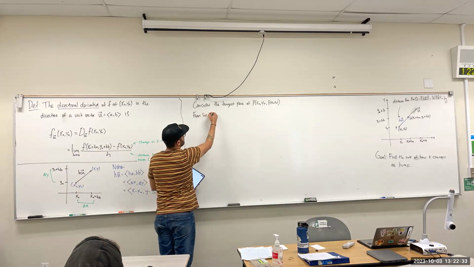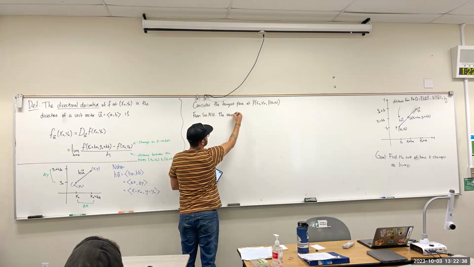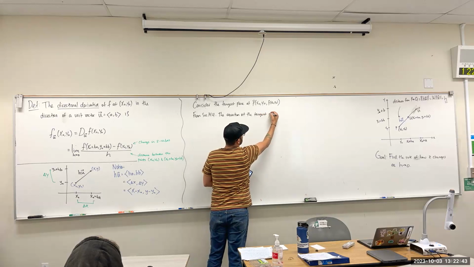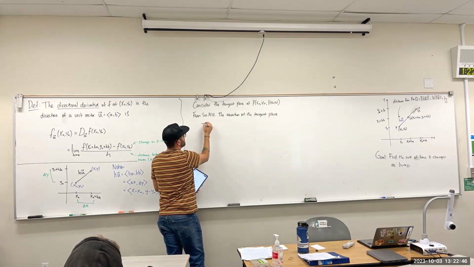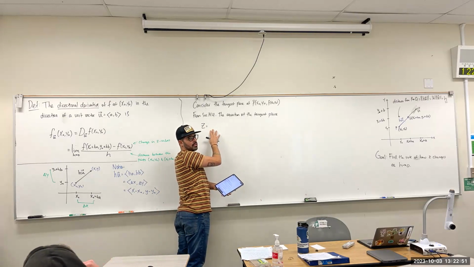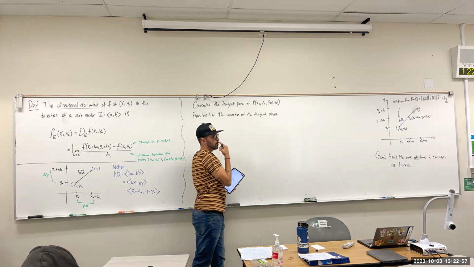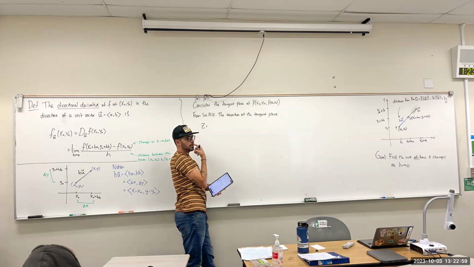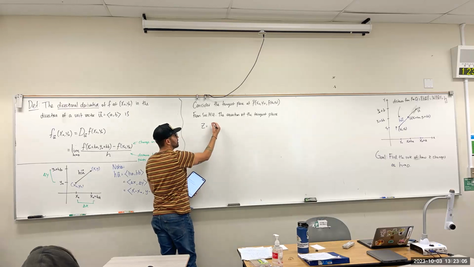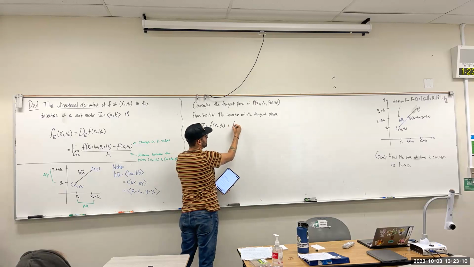From section 14.4, we saw that the equation of the tangent plane is given by z equals... let's see, let's review it a little bit. If there's a surface of a function, and these are the coordinates of a point on the surface, what did the equation of the plane end up being? f(x naught, y naught), plus fx.